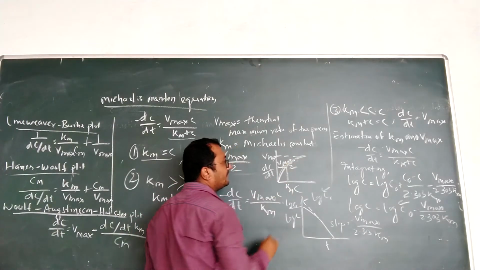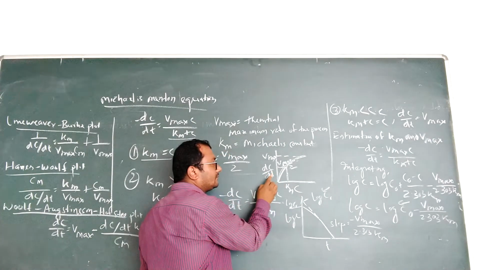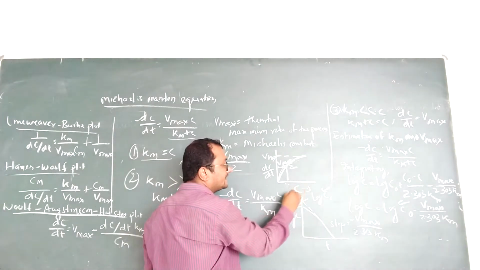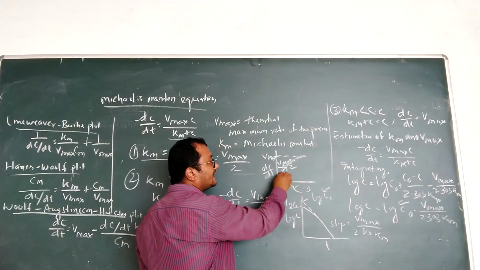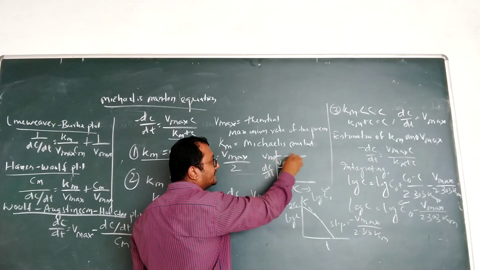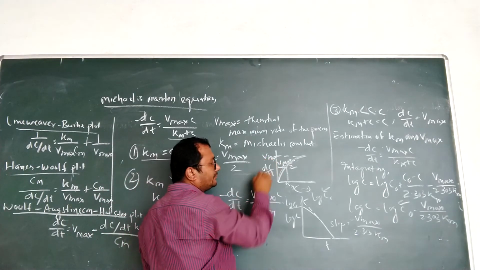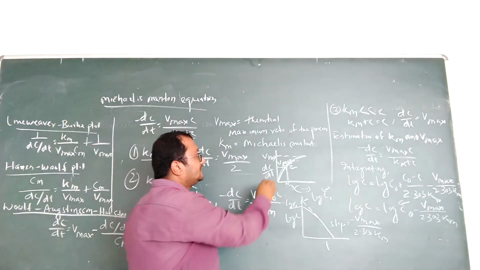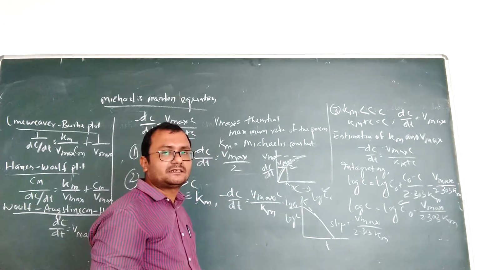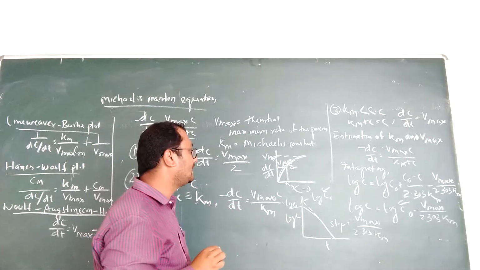We will get a curve like this, the rate of change of concentration versus concentration. The maximum point on the y-axis will be your Vmax, and at the middle point on the y-axis we get Vmax divided by 2, and on the x-axis we get the Km value.